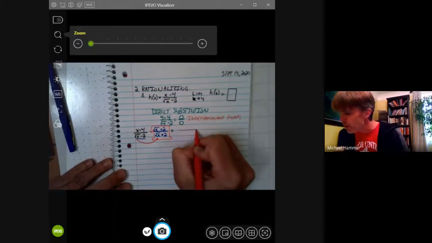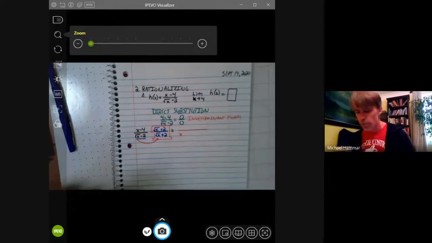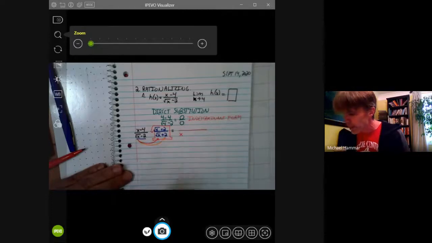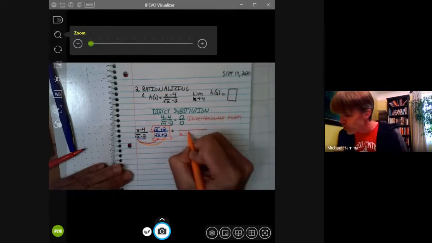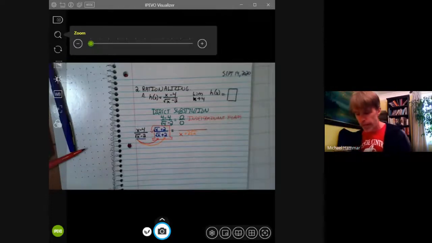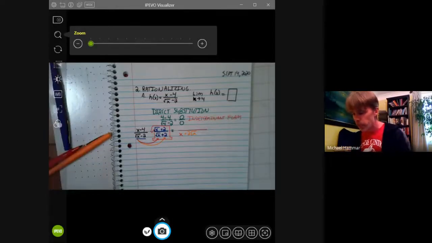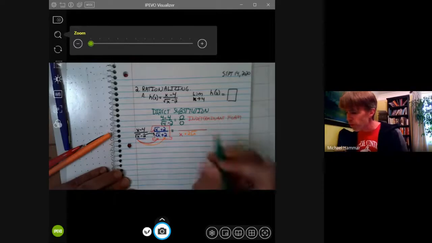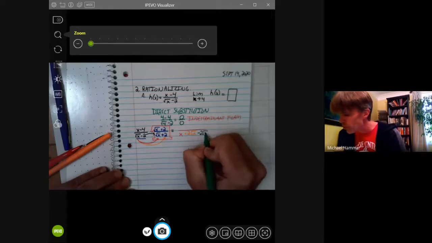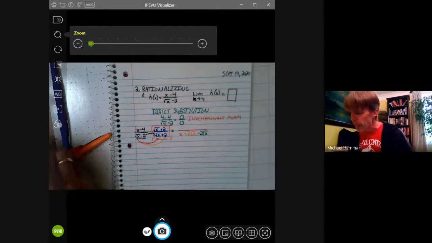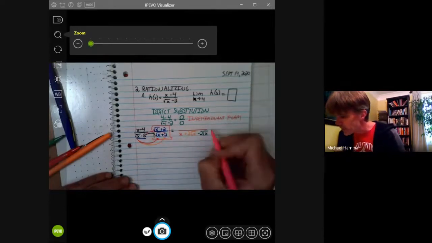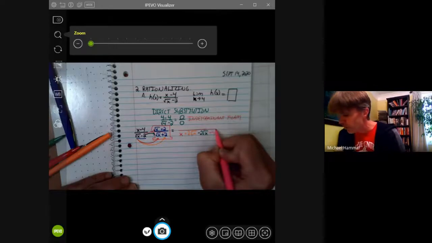And if you remember, that is equal to x. Now, we also need to do the square root of x times 2. So it's plus 2 times the square root of x. Now we go to the negative 2. So we're going to do negative 2 times the square root of x. So it's negative 2 square root of x. And then we're also going to do negative 2 times positive 2, which is negative 4.